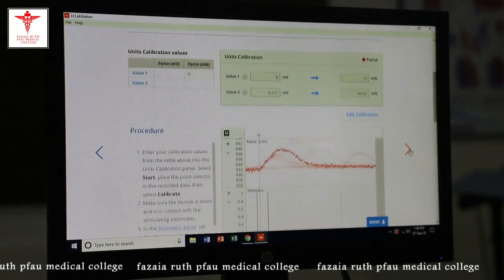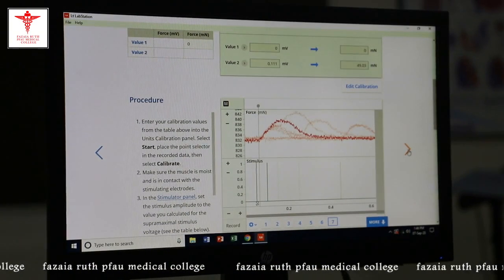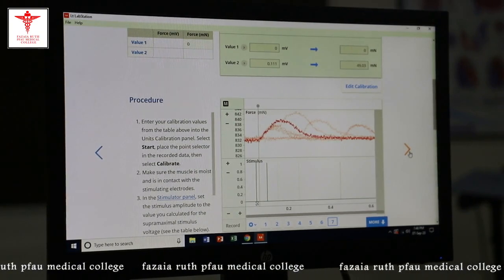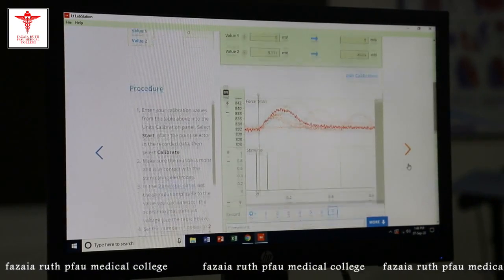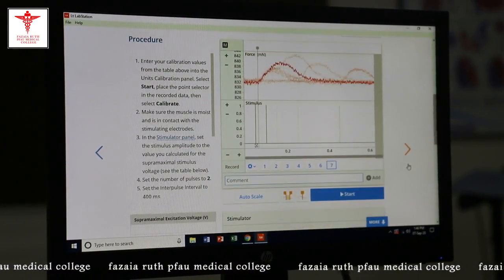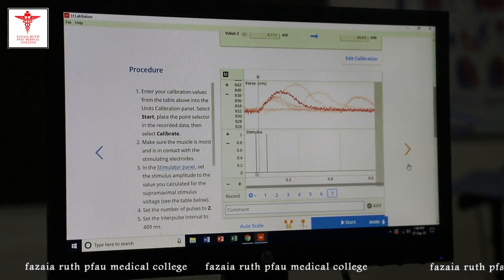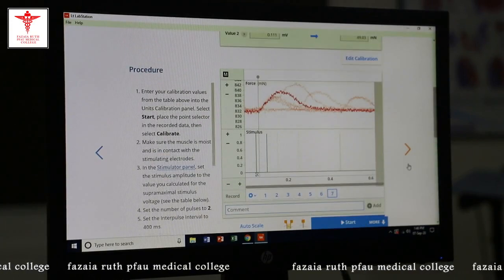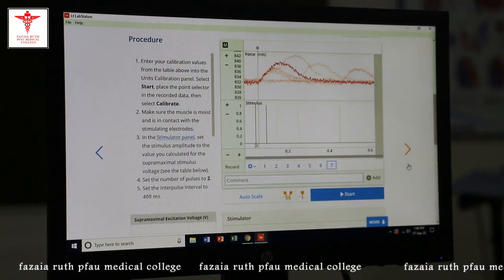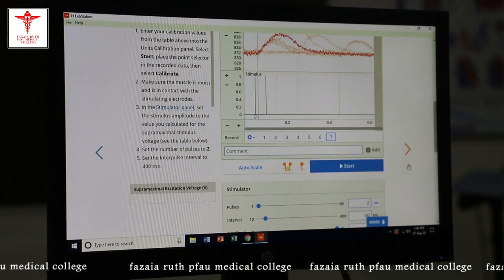Now the effect of summation, and as you all know what summation is, when you add the contraction. Here we are going to give the stimulus, and as I told you, we are going to start with 400 ms first, and then we go on to 200, then we are going to decrease the time, and we are going to increase the pulse.